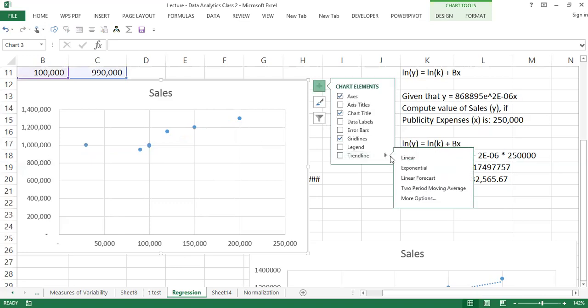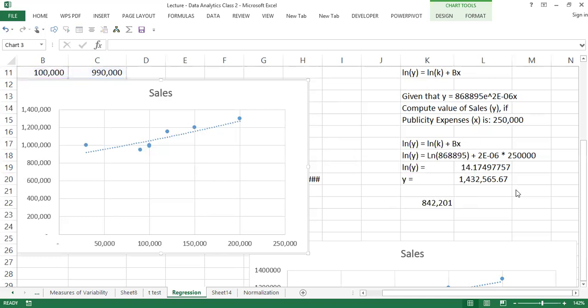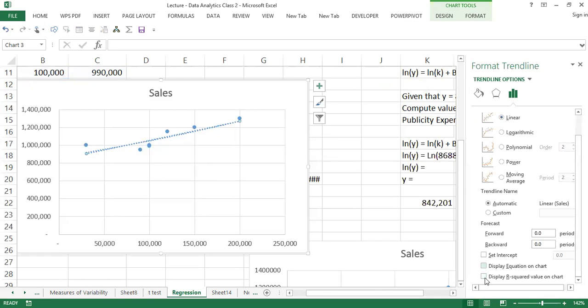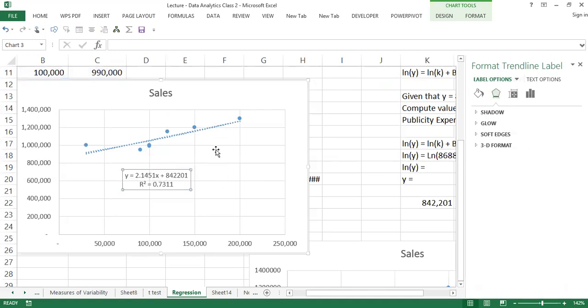Let's put exponential. The one we were using just now was even linear.